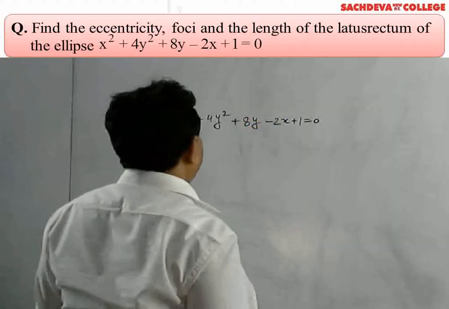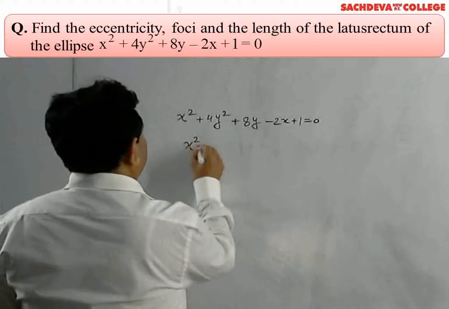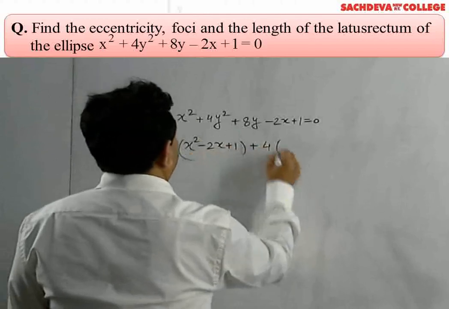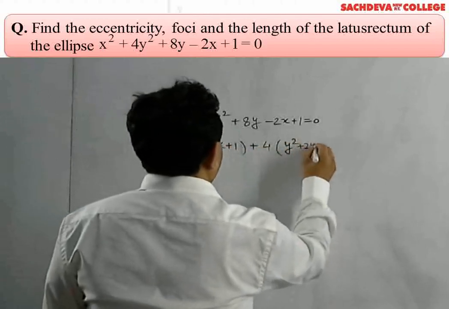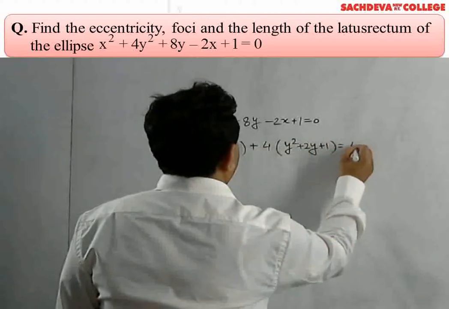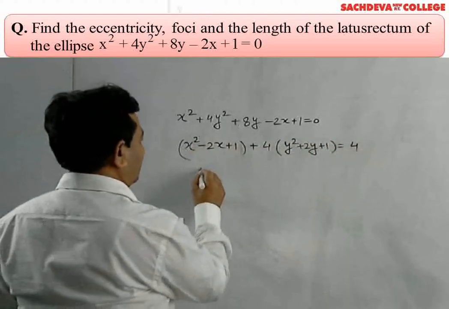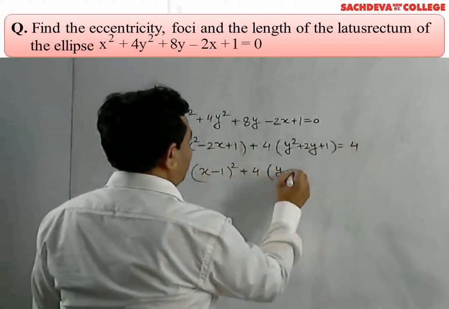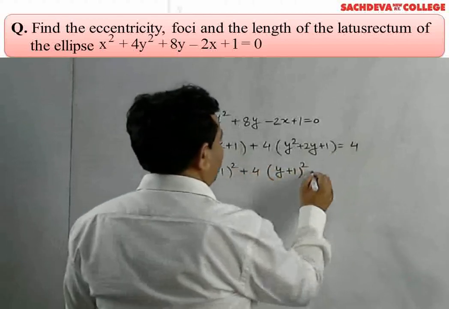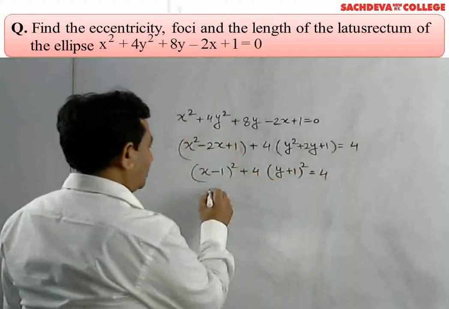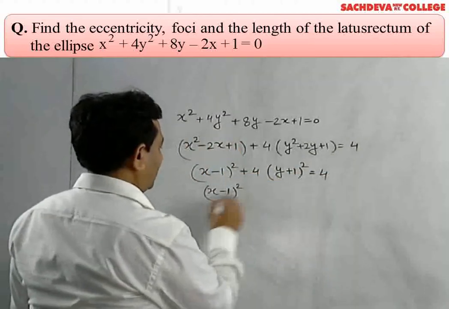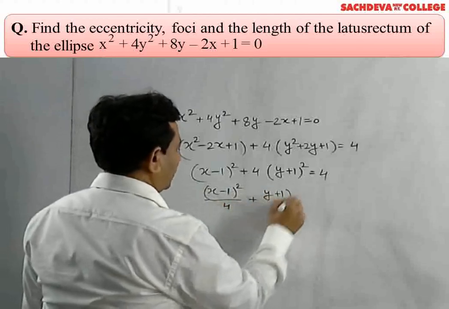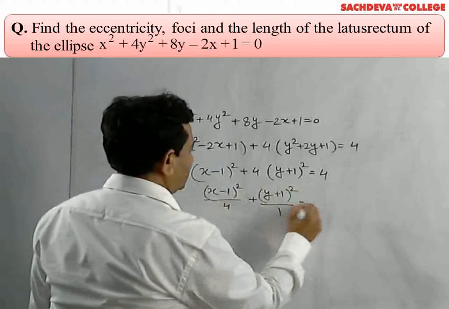So the given equation can be written as x square minus 2x plus 1 plus 4 into y square plus 2y plus 1 is equal to 4, or x minus 1 whole square plus 4 into y plus 1 whole square is equal to 4, or x minus 1 whole square upon 4 plus y plus 1 whole square upon 1 is equal to 1.